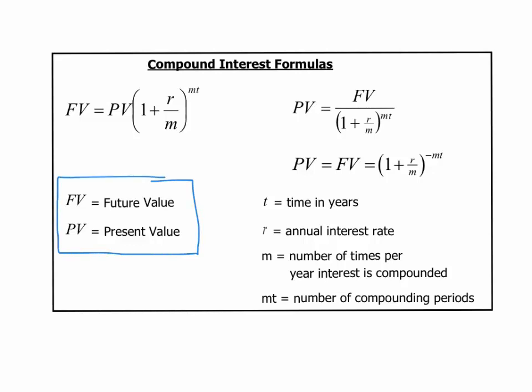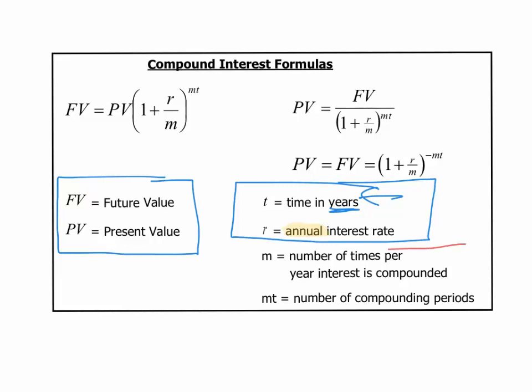Those are the same as it is in compound interest. We also had time as our T, and this time is in years. It's always in years. And our R is our annual interest rate. Now, this annual interest rate, that annual part is important. We always have to be thinking, is this the annual interest rate or is it something else?